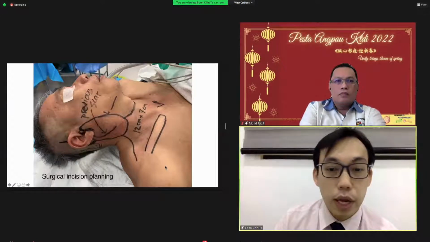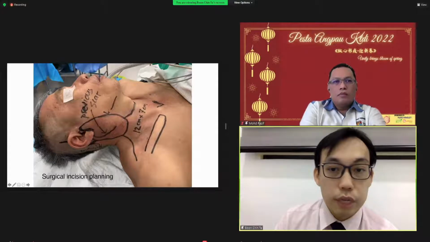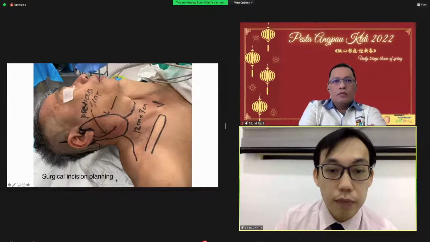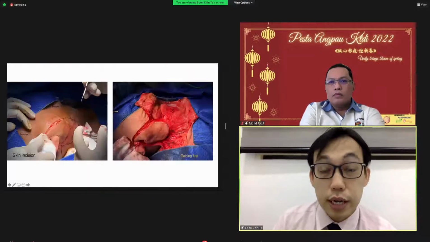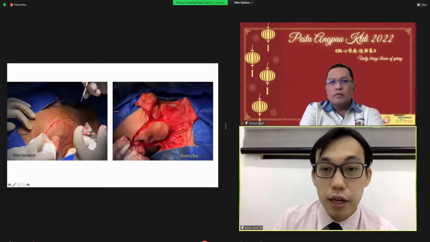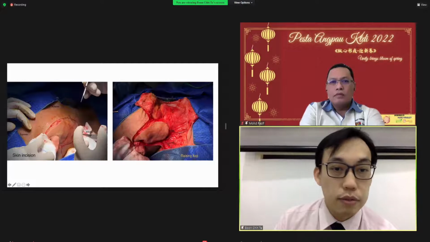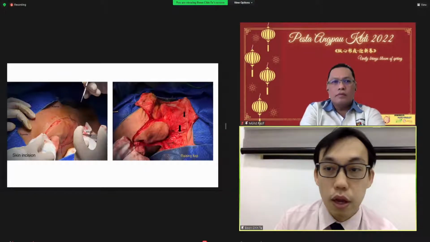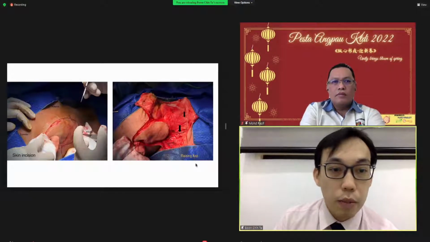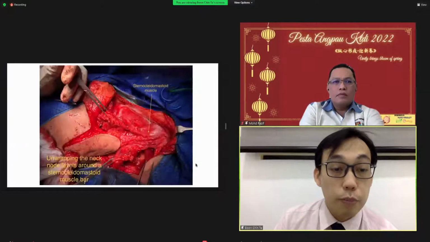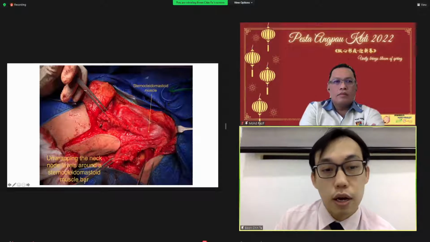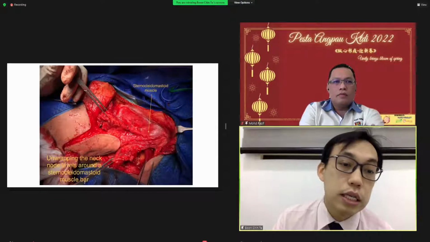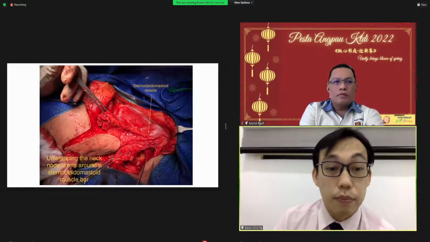So we did the flap, subplatysma flap. You can see this is the external jugular vein, and this is the sternocleidomastoid muscle. And this one I would like to show everyone about just now. I think Prof. Razif mentioned unwrapping the neck nodes at levels around a sternocleidomastoid muscle bar.